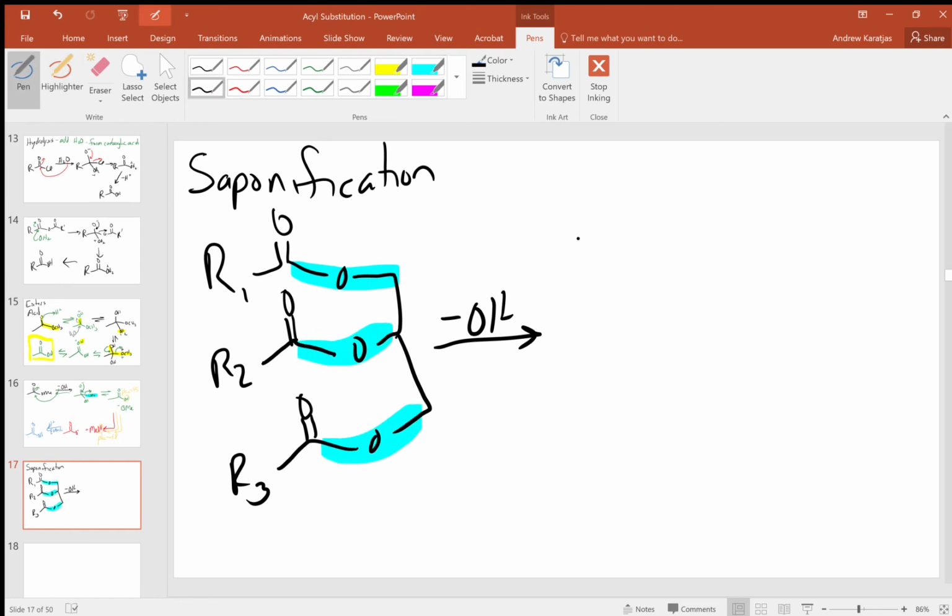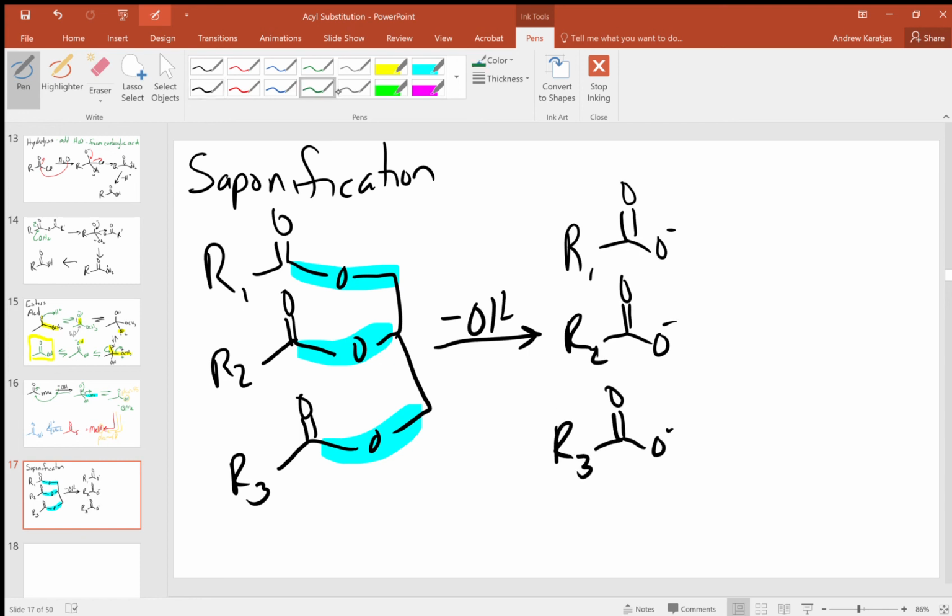And as a result, we get these carboxylate salts. These are all of our soap molecules. So this is how you make soap.